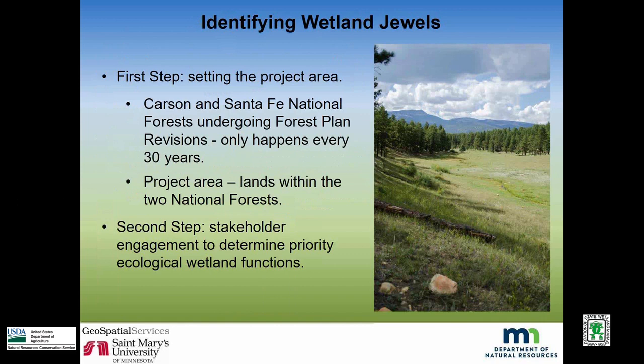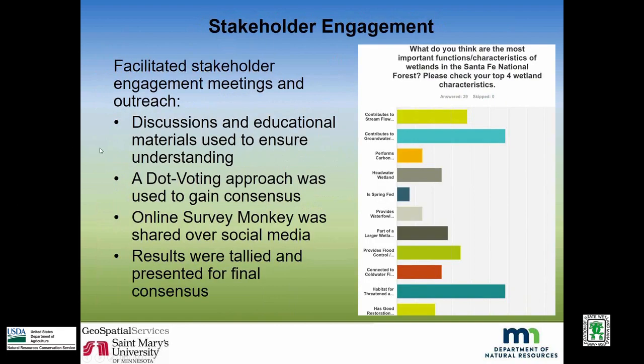This process also involved, as I mentioned before, stakeholder engagement to prioritize ecological wetland functions, and that was made possible by the fact that we incorporated some of the classification techniques that Doug had mentioned earlier, so the National Wetlands Inventory with HGM and LLWW classification tools to derive functional benefits or a correlation of functional benefits from the wetland data. Some of the functions that were identified were wetlands that contribute to stream flow, wetlands that contribute to groundwater recharge, wetlands that perform carbon sequestration, and so on.